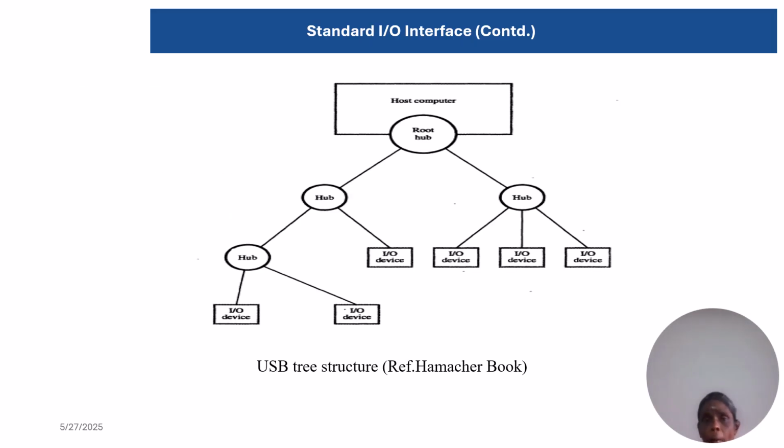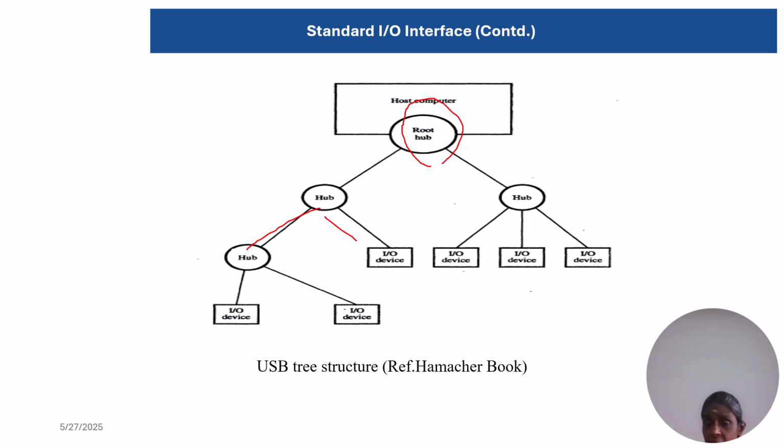Next, see, this is the first computer, the starting initiator. That is why it is named the root hub, and it is divided into many hubs, or subdivisions. Here two hubs are indicated, and from one hub there is one more hub, and the second one need not have a hub only.